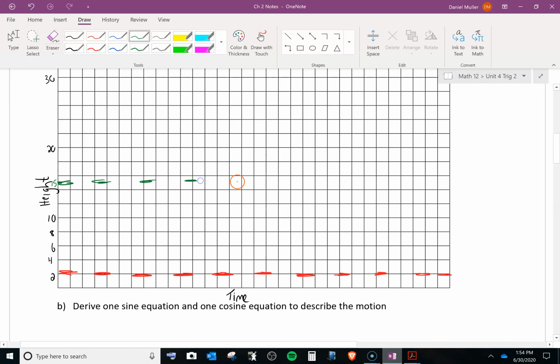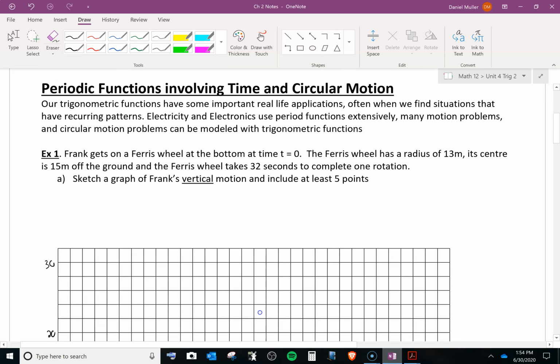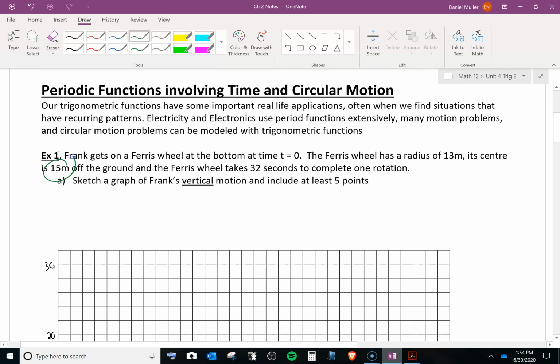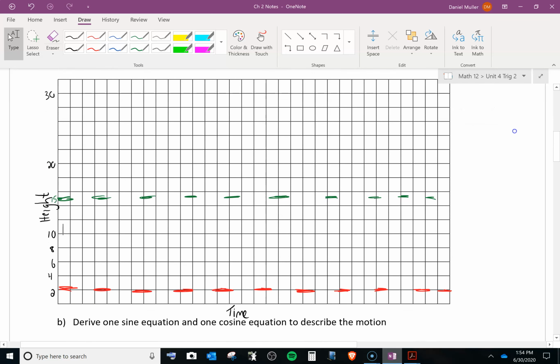Which should make sense: at the bottom we are at 2 meters, and then halfway up we'll be at 15, because we go up 13 meters, which is the radius, but also it tells you the center is at 15. That's where you're at the center, and then you tack on another 13, so here we are at 28.